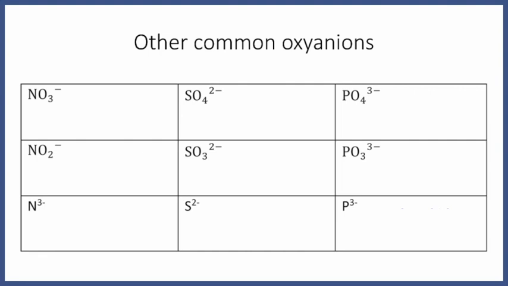So let's look at NO3-. That is nitrate. NO2- is nitrite. Now let's look at the sulfur oxyanions. SO4 2- is sulfate, SO3 2- is sulfite, and S2- is sulfide.